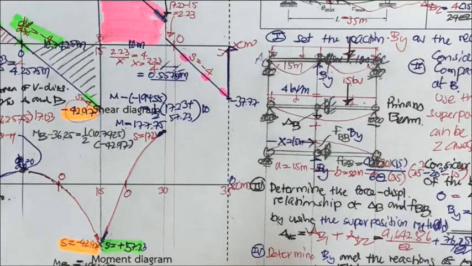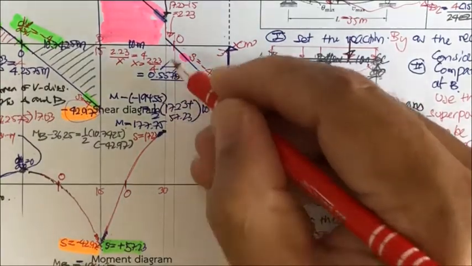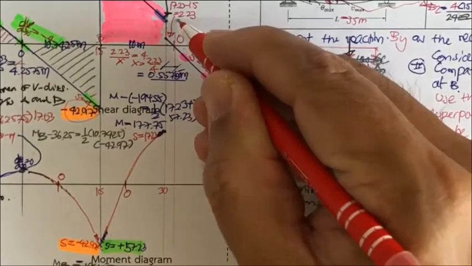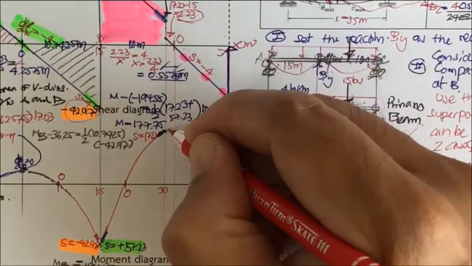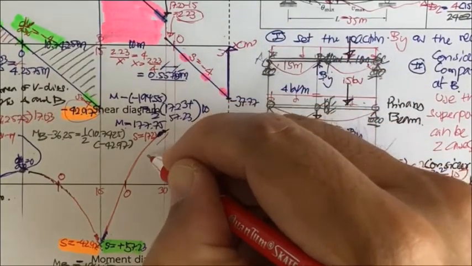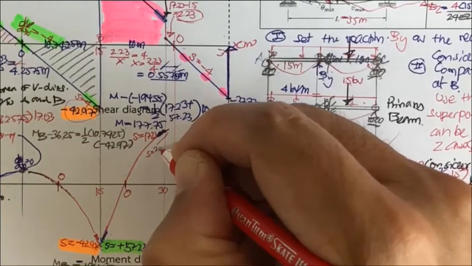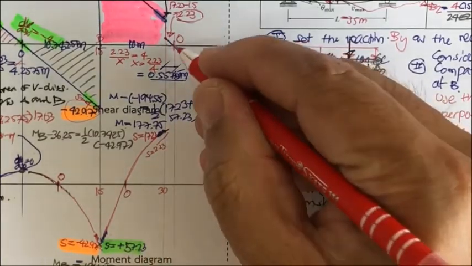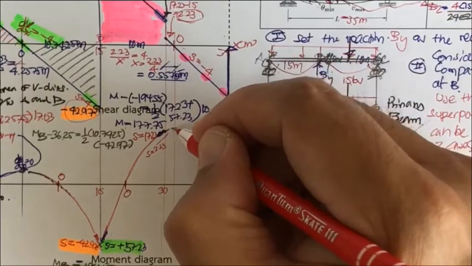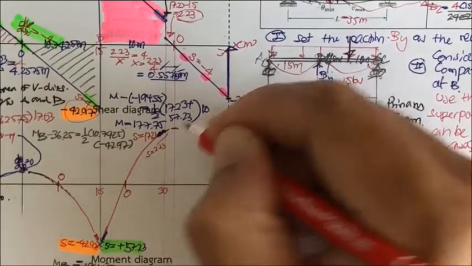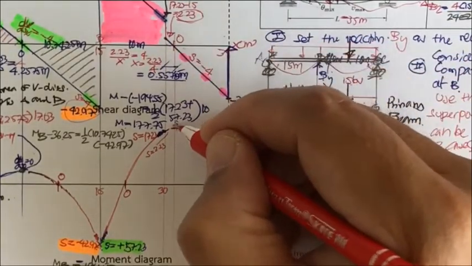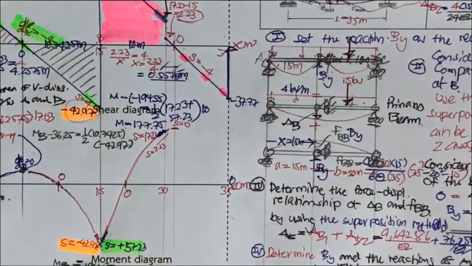Okay, and then on this side, this is 2.23, so the slope here is going to be 2.23, and this is 0 over here, S equal to 0.